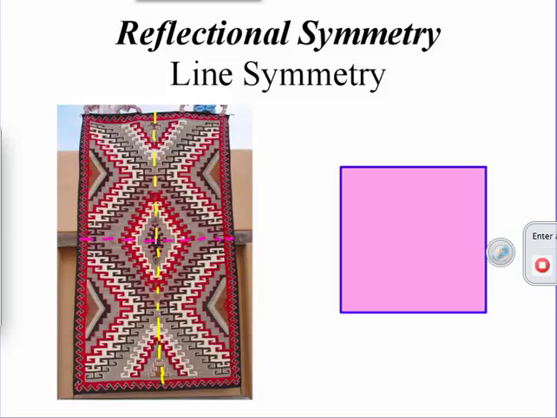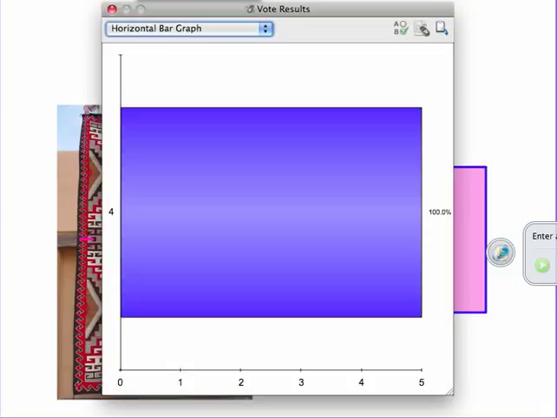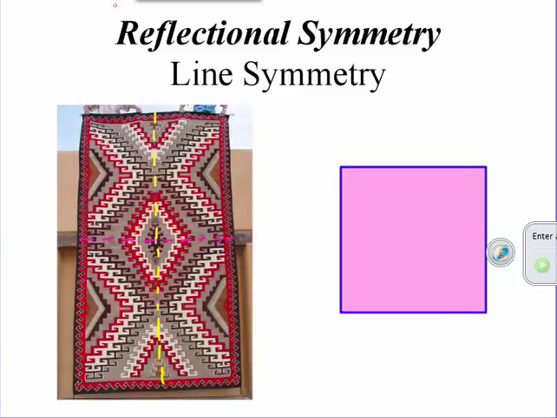How many lines of symmetry could you draw in that square? So let's see what we got. 4. Nice job. How'd you get 4? Well, there's 2 diagonals and then one up and down and one side to side.